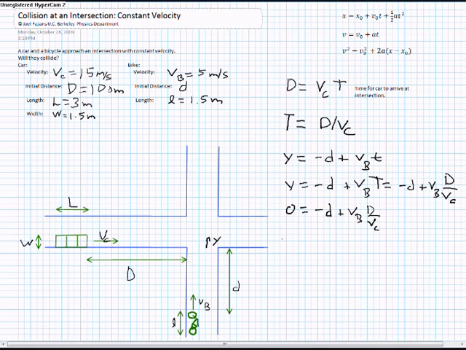And this is really easy to solve for the distance d that will result in a collision between the front wheel of the bicycle and the front bumper of the car. That's going to be d is just equal to, and I'll rearrange the terms slightly, the ratio of the bicycle velocity to the car velocity times the distance that the car starts away.